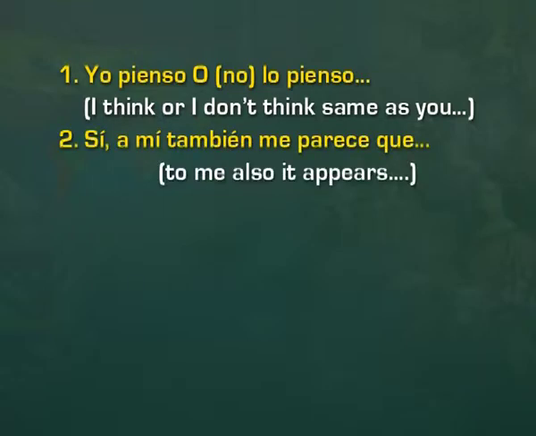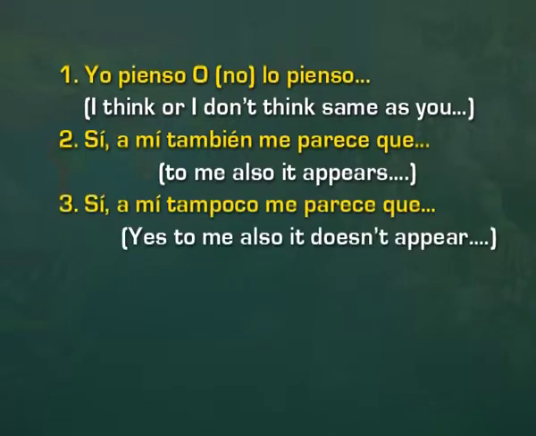Sí, a mí también me parece que. Of course, it seems to me also the same. Or no me parece, I don't think so. A mí tampoco me parece. If somebody has expressed disagreement and you also agree with that disagreement, you say a mí tampoco.